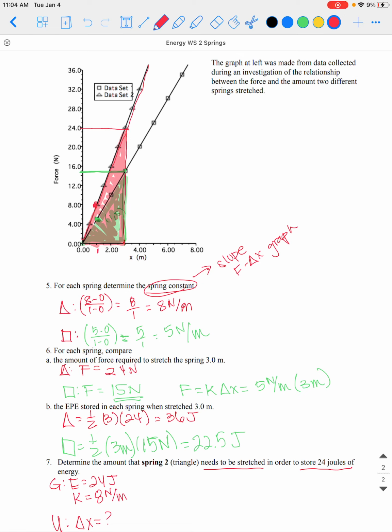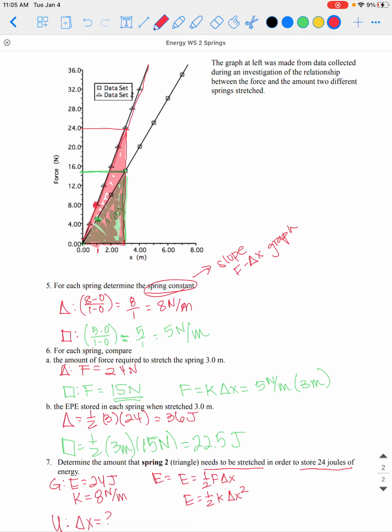So this is a really good problem to start with the givens because we've got 2 equations that are available to us for energy. And that would be your equation energy is equal to 1/2 force times delta x, or energy is equal to 1/2 spring constant times delta x squared. Well, we have a spring constant. We don't know the force when it is storing 24 joules.